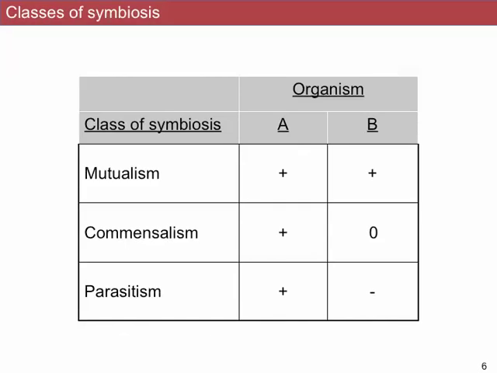So the formal definition basically can be divided into three main categories, or classes. One of the organisms in a partnership has to benefit, so I've put that as organism A here. And then depending on what the effect is on the other organism, we have different terms.